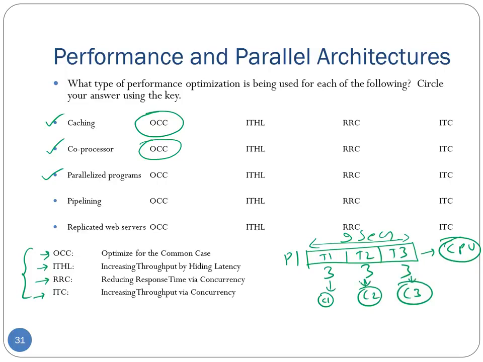So you can parallelize this program and run it simultaneously on 3 cores. C1 will finish in 3 seconds, C2 in 3 seconds, and C3 also in 3 seconds. So the response time for P1 for this multi-threaded version is now 3 seconds. Notice that your response time due to this parallelization has come down from 9 seconds to 3 seconds. So this is an example of reducing the response time via concurrency, RRC.